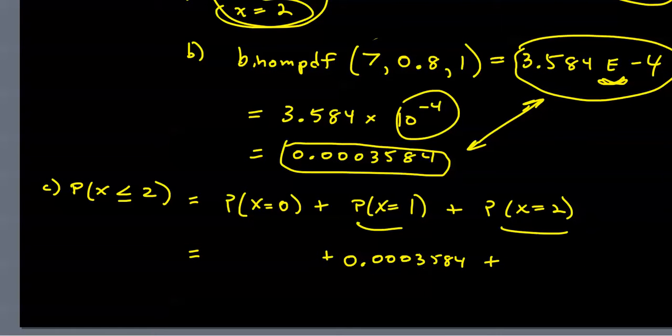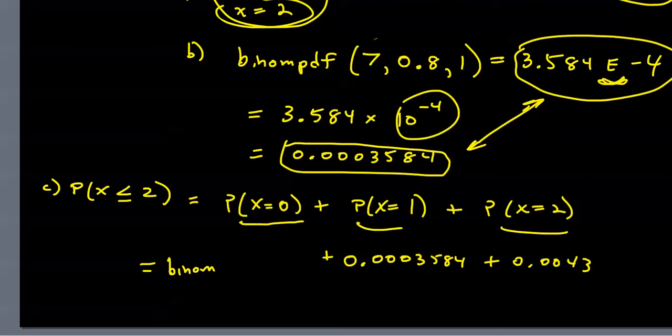Plus the 2 case, that's from part A. So all we really need to do is add on the probability of the 0 case, in other words, the probability of 0 successes in 7 trials.